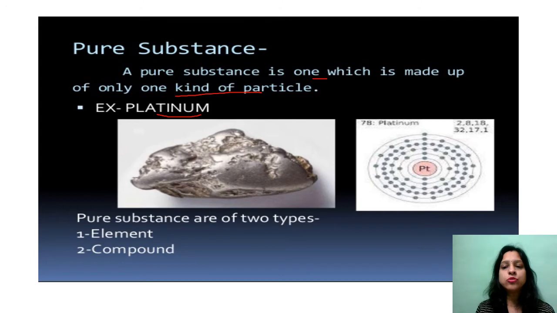This is according to the Bohr and Bury rule: 2, 8, 18, 32, 17 and 1. Pure substances are further classified into two categories, that is element and compound.